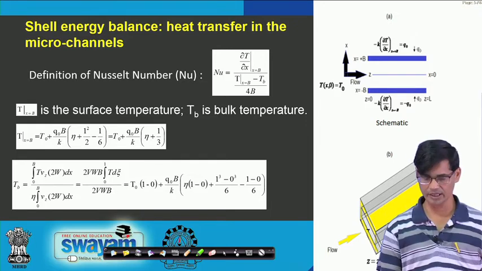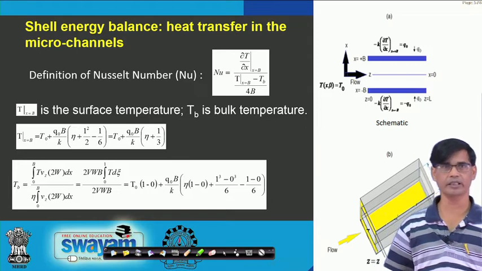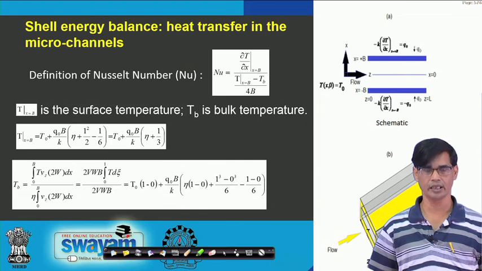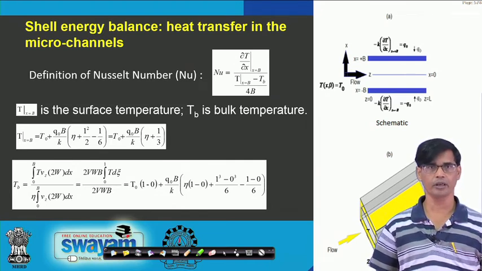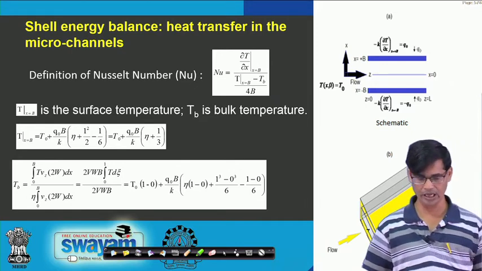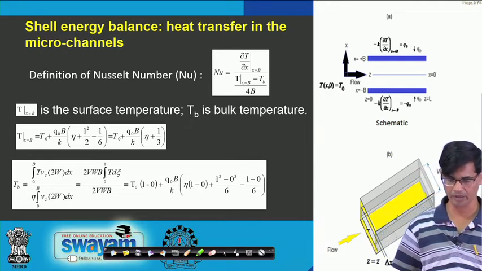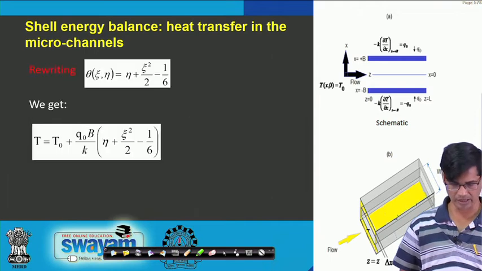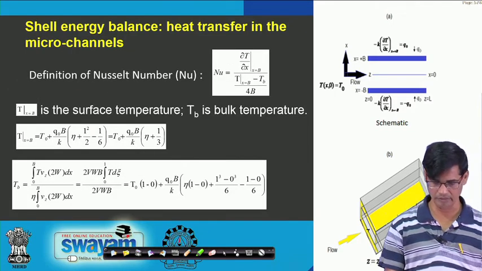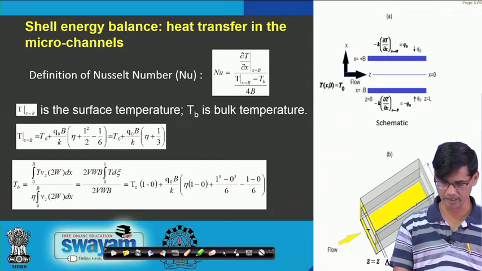The Nusselt number we always define as the temperature gradient at the surface due to conduction divided by the temperature gradient in the bulk due to convection. Based on this definition, we have calculated all these gradients from the solution that we have. From the theta solution we can derive the bulk temperature and surface temperature.